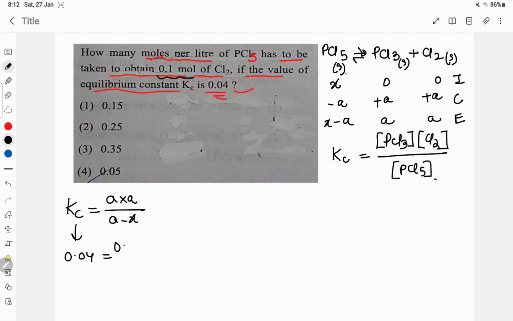The number of moles of PCl3 and chlorine are the same. Sorry, it should be X minus A. So 0.04 is equal to 0.1 times 0.1 divided by X minus 0.1, that is 4 is equal to 1 by X minus 0.1.